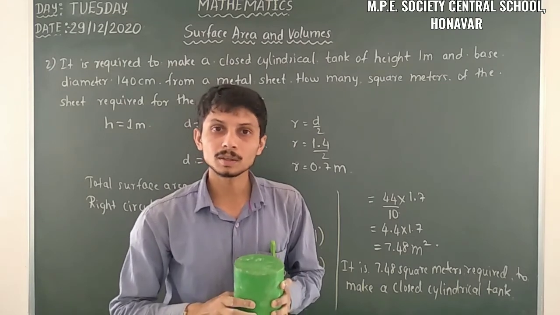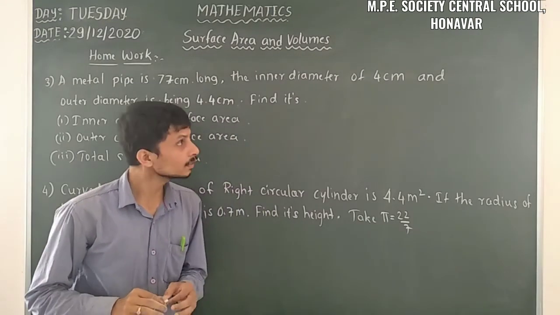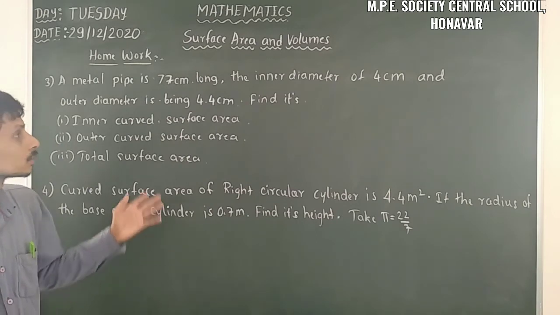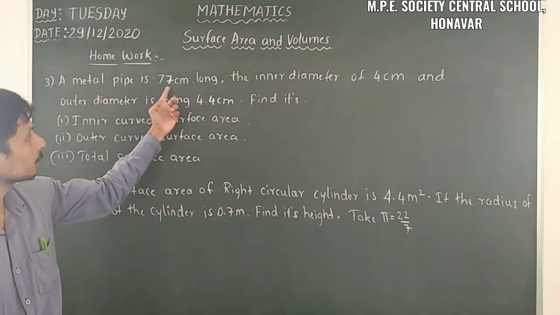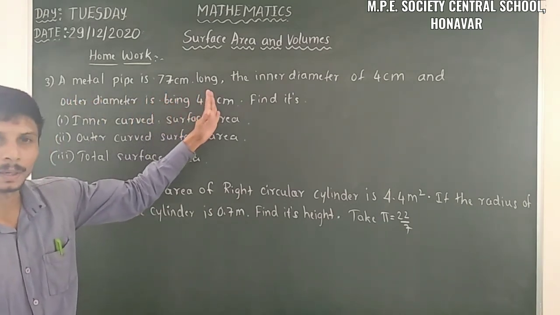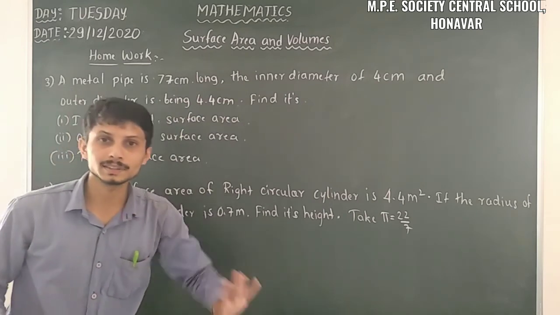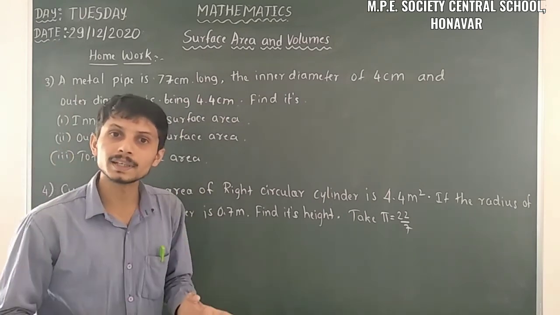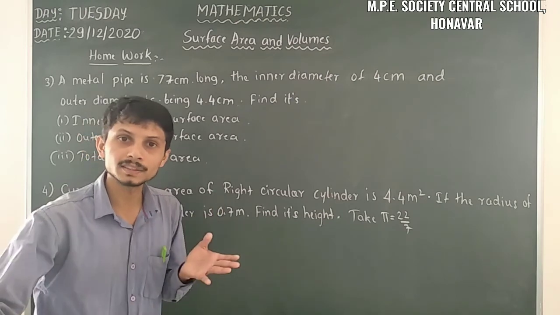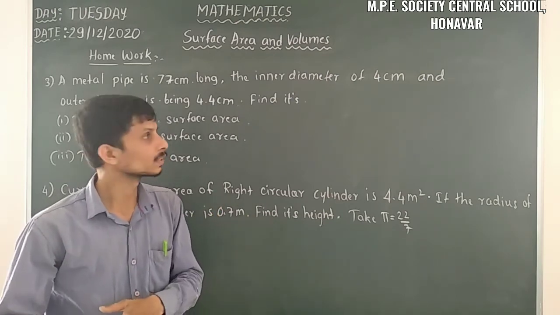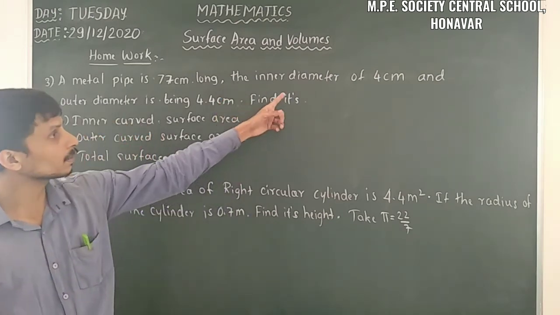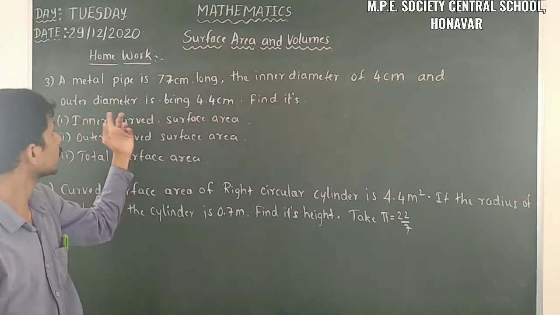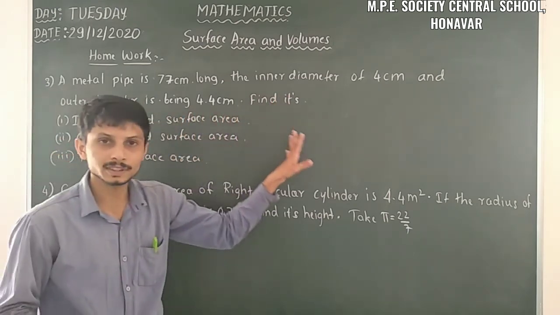So let us have some homework here. There are two homeworks. Just observe, a metal pipe is 77 centimeter long. The pipe is cylindrical in shape and long means it's nothing but the height. The inner diameter is 4 centimeter and the outer diameter is 4.4 centimeter.